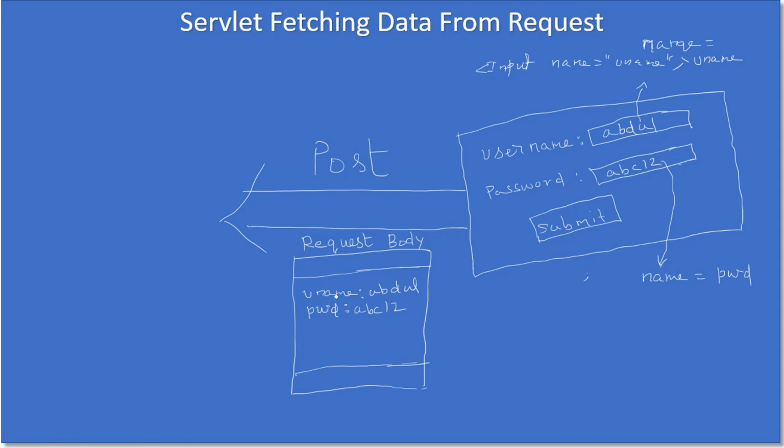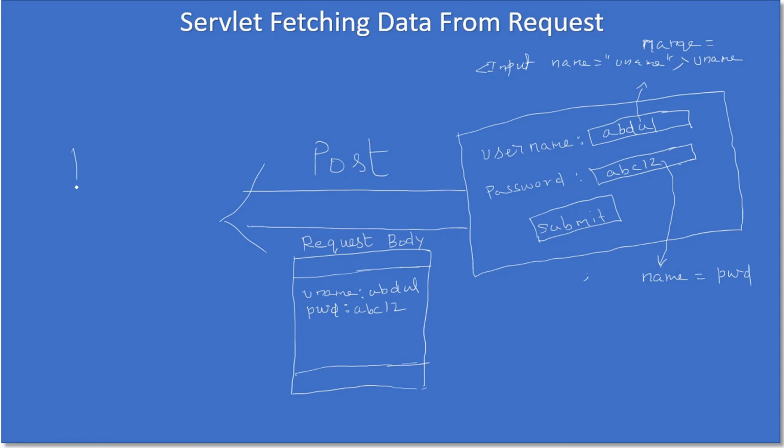So uname identifies the control name, and then the content entered by the user. Here Abdul is the content entered by the user before he submits the form to the servlet, which is running in the Wildfly application server on the server side. Similarly, let's assume that the user typed the password as ABC12.